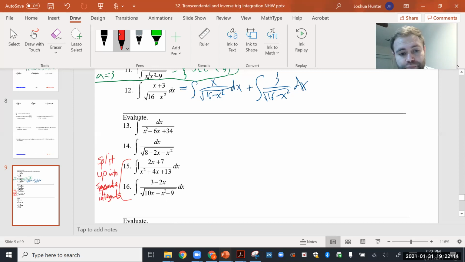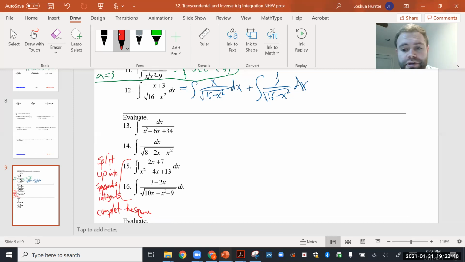And then both of these will also require completing the square. But again, you don't have to do 15, but that's what 16 would require. In 16, you would split it up and you do completing the square. Very similar to some of the stuff in Friday's lesson.